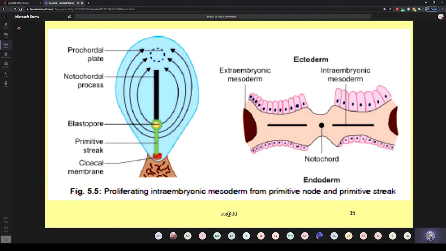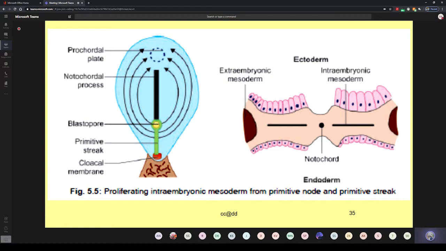Again, note the extent of the notocaudal process from the cranial end of primitive streak, which is represented as green here. The blastopore or the pit, primitive pit in the center of the primitive node, right? From there you get the notochord and you can see all the cells represented as arrows migrating. And quite caudally, you see the cloacal membrane.